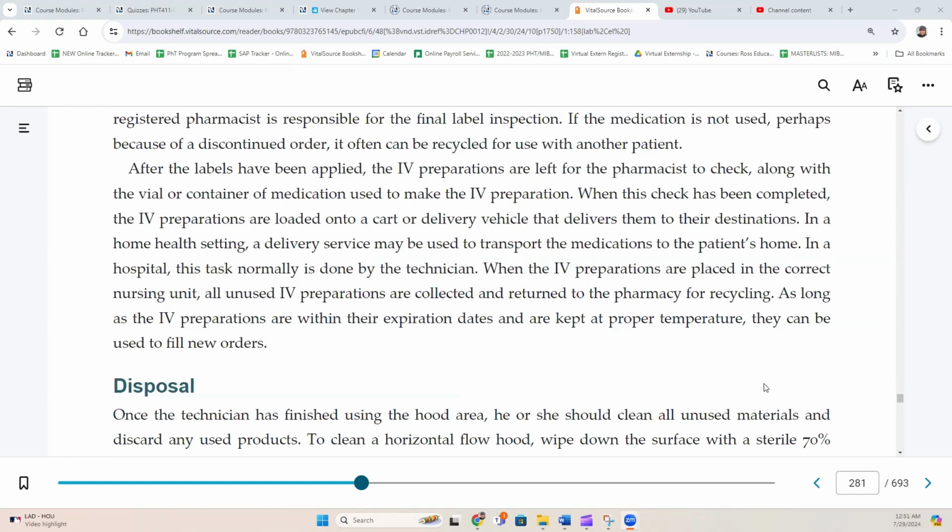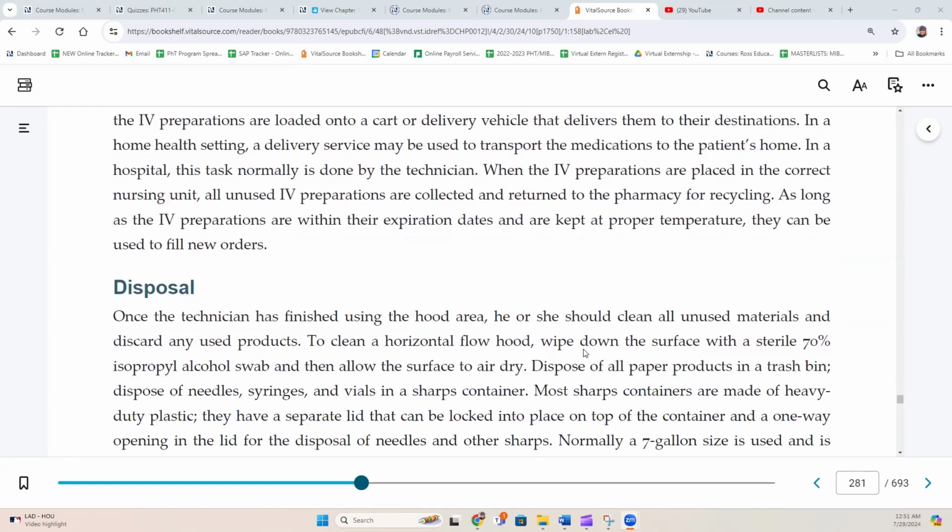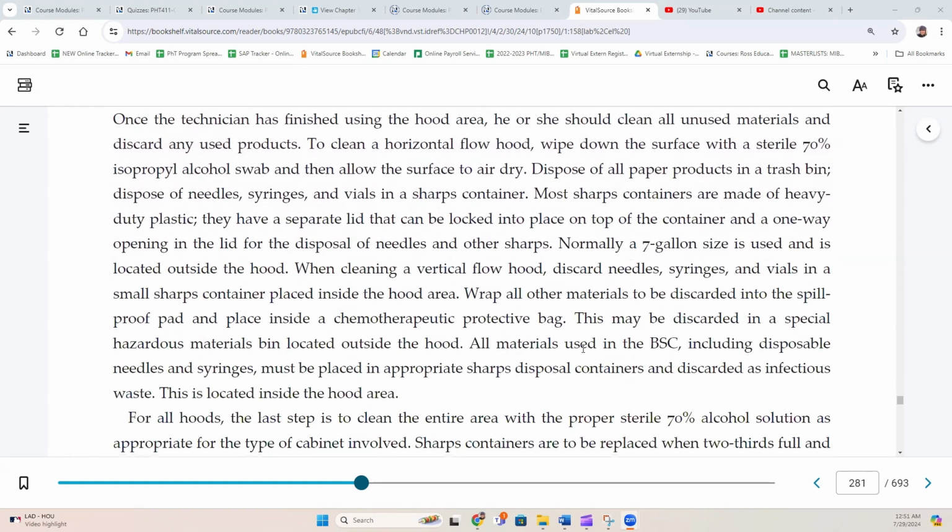In a home health setting, a delivery service may be used to transport the medications to the patient's home. In a nursing unit, all unused IV preparations are collected and returned to the pharmacy for recycling. As long as the IV preparations are within their expiration dates and are kept at proper temperature, they can be used to fill new orders.